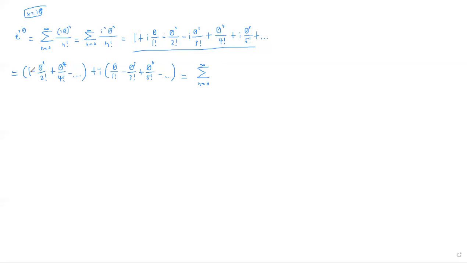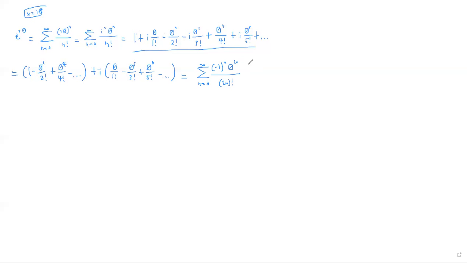And it alternates from positive to negative to positive and so on. Since it alternates per term, we write -1 to the power of n. And we do theta to the power of 2n since the powers are even, and since the factorials are also even, we do 2n factorial, like that.